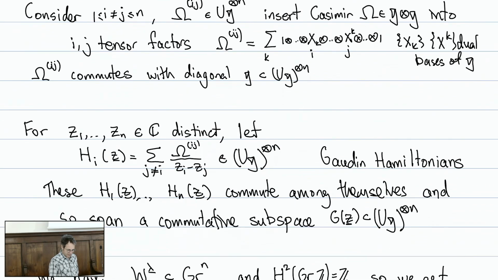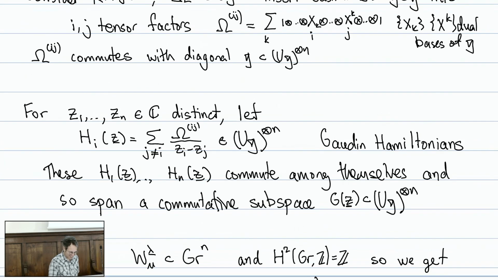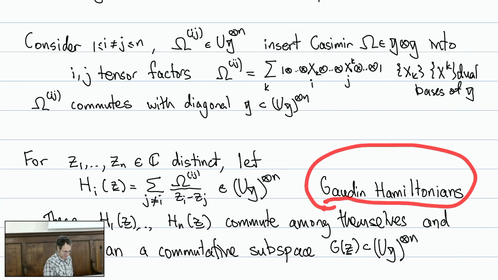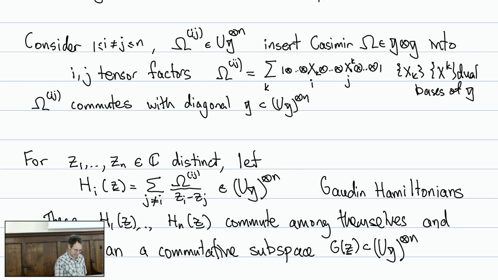Okay, and oh, whoops, one more definition before we get to the theorem. The definition of these things called Gaudin Hamiltonians. So there are certain linear combinations of these omega ij's.